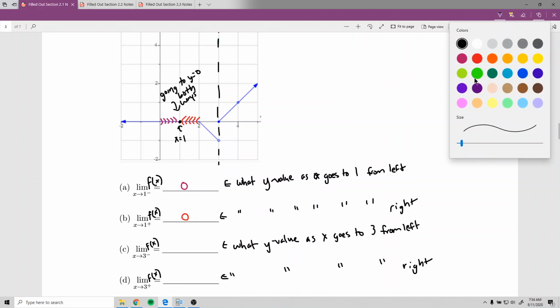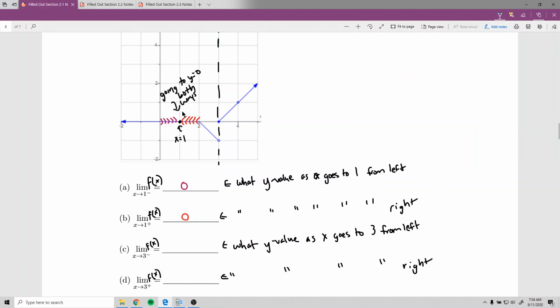And if you jumped ahead, you might already be thinking that there are 2 different answers. If you are thinking that, you are correct. As we go towards 3 from the left, look on this line, what section are we on? We're over here. So imagine walking, starting at 2, going towards 3.